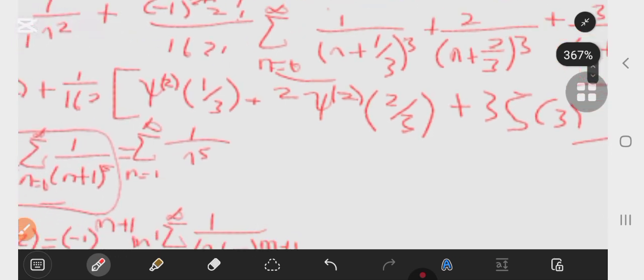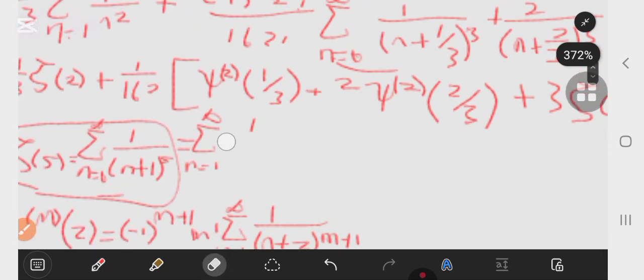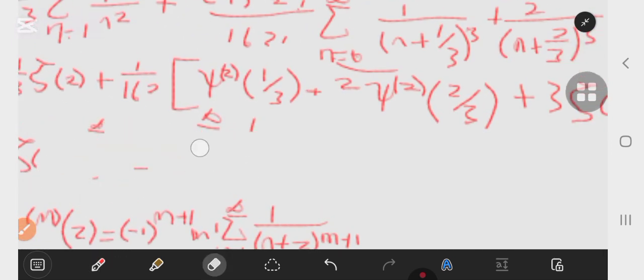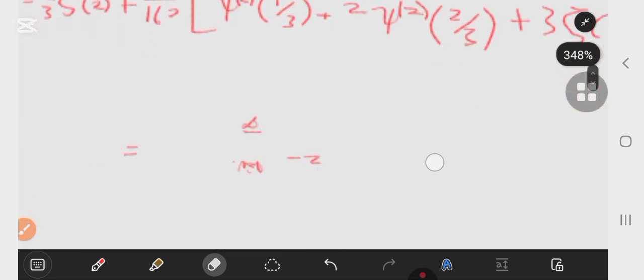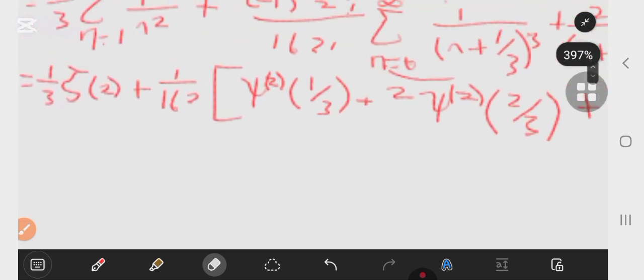I've made use of these things, so let me just erase them. We are gradually coming to the end of the first trick to applying this to solve this sum.